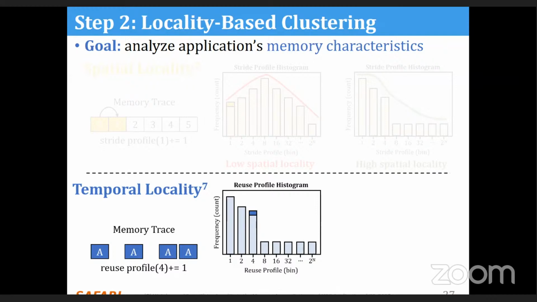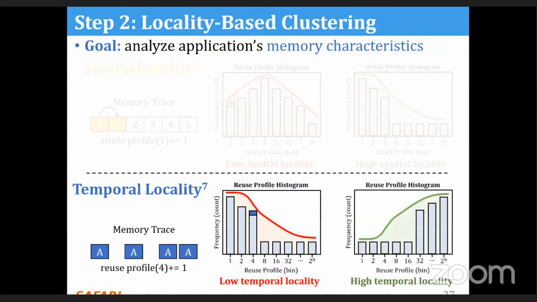Okay, so I increase by 1 the bin corresponding to 4 accesses in a certain window of accesses or cycles, right? And this is the profile histogram. This would be low temporal locality because there is not much reuse. This is high temporal locality because there is much more temporal reuse of the same addresses.